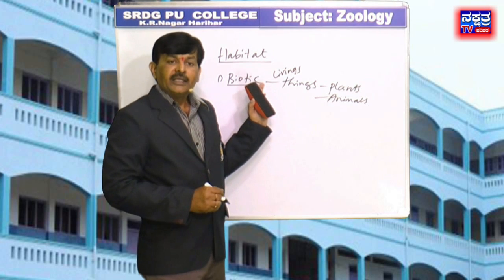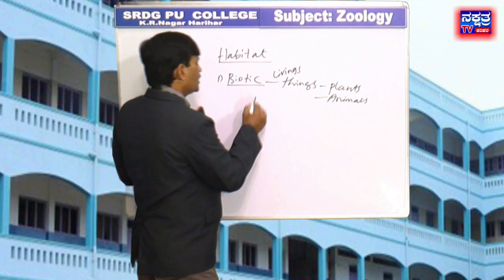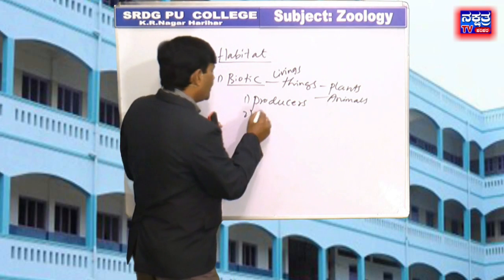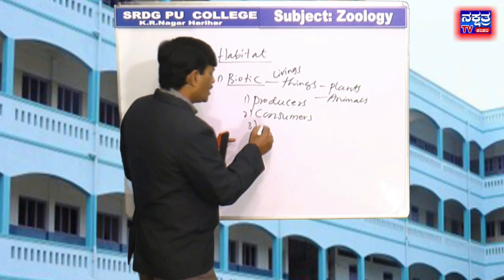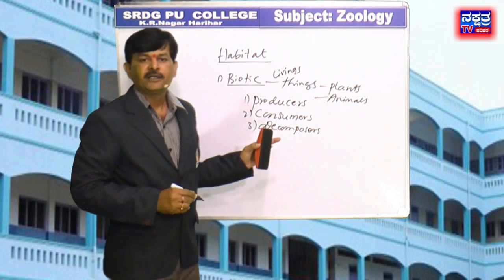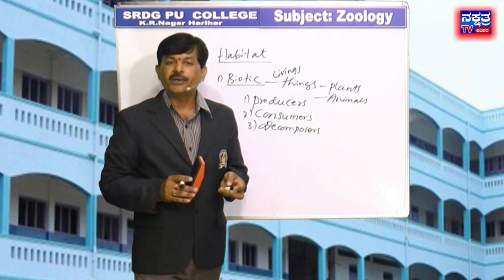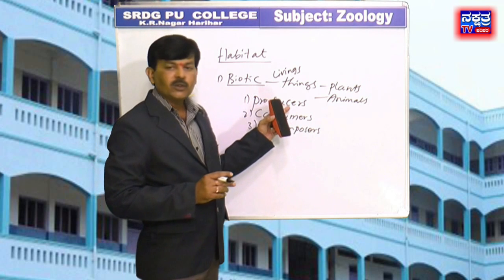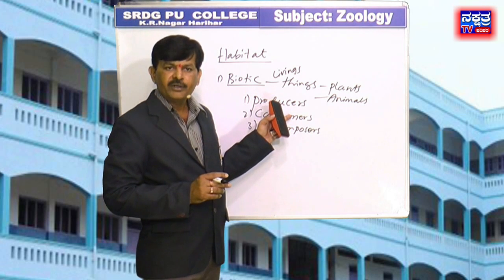Next, the biotic components usually include the producers, then consumers, next decomposers. These are the components of the biotic components. The producers are the autotrophs, because they produce their own food material with the help of chlorophyll.